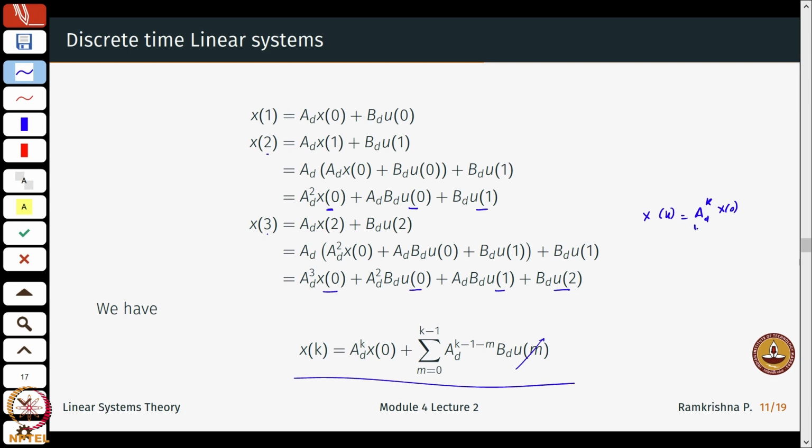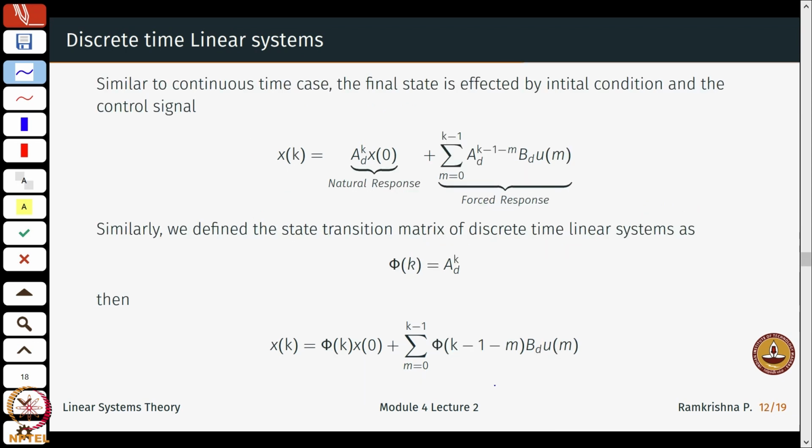And this A power k will now be my state transition matrix for the discrete time case. Okay, and then I can write it in a general form. Again, given a certain initial condition, what will my state be at some arbitrary time k equal to 5 or 6 or whatever.